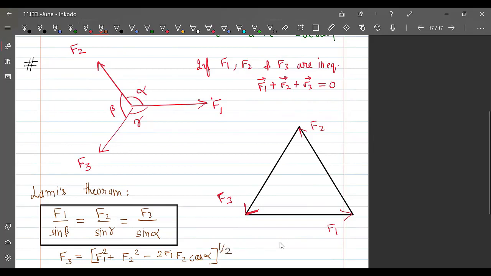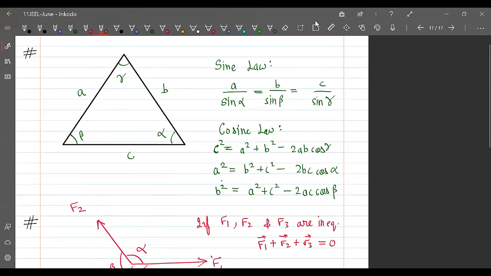So cosine rule से कुछ नया नहीं आता, but you can use it here. And then this is your Lami's theorem. इसको हम यूज कर सकते हैं बहुत ही इजीली अगर तीन फोर्सेस दिए हो तो उनका रिजल्टेंट निकालने के लिए। दो फोर्सेस दिए हो, तीसरा अननोन हो या एंगल अननोन हो, we can easily figure out.